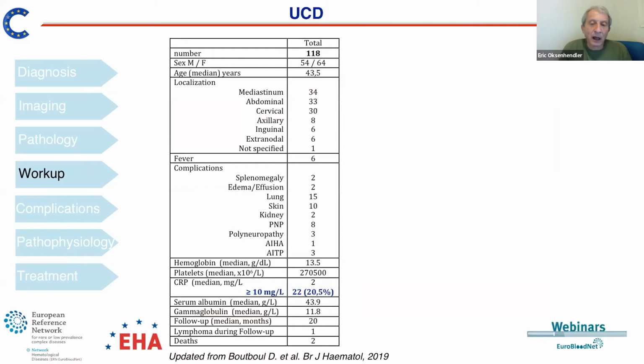Here is the series of patients that have been followed in our reference centers. So these provide data on a little bit more than 100 patients.